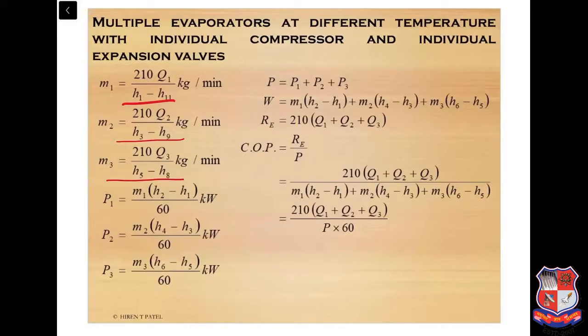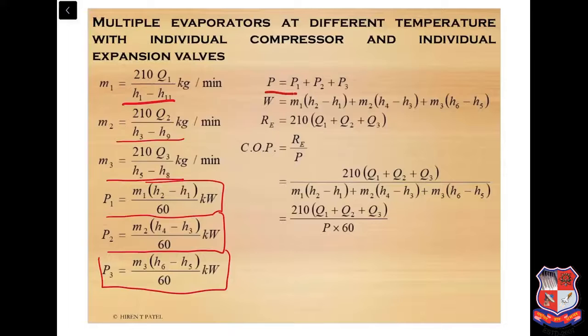Here in this case, the compressors are different. For the individual evaporators, individual compressors are provided, so the power required is different. For the first evaporator, power P1 is M1 H2 minus H1 by 60, same as P2 is M2 H4 minus H3 by 60, and P3 is M3 H6 minus H5 by 60.